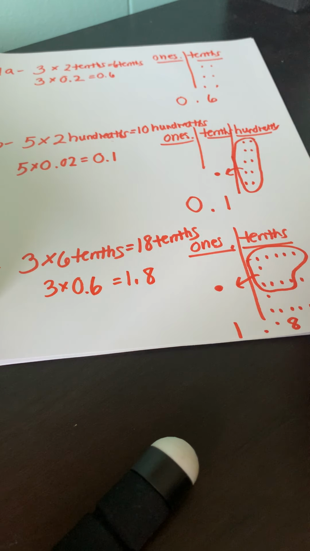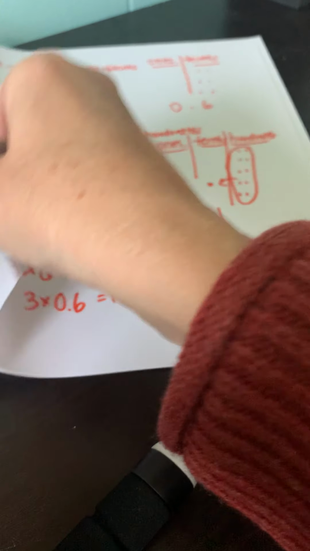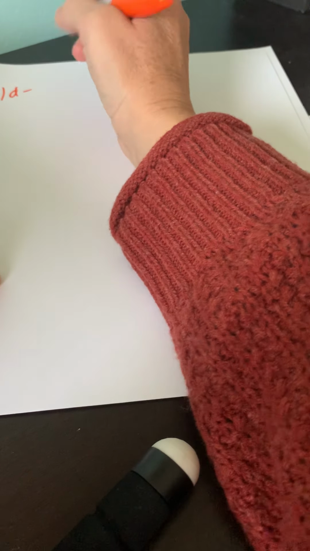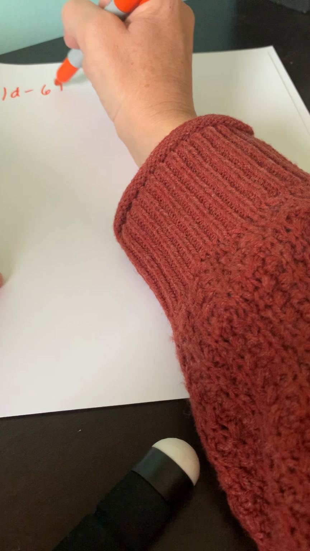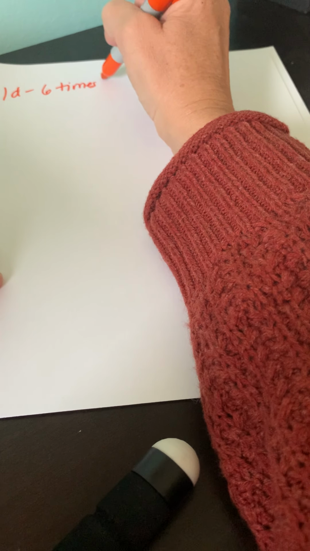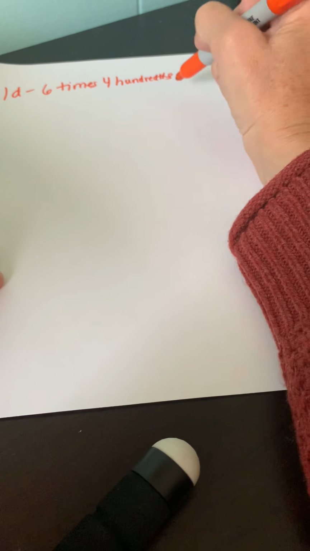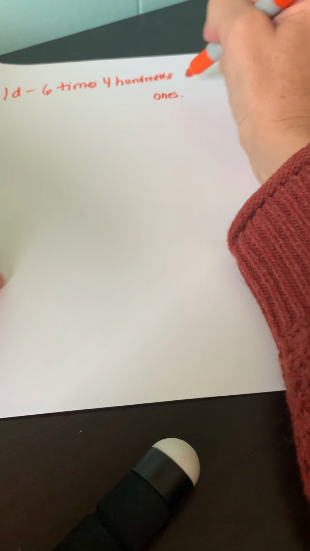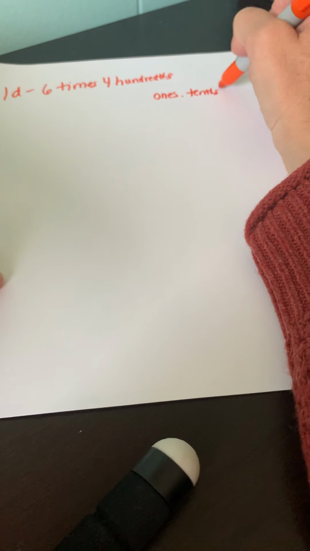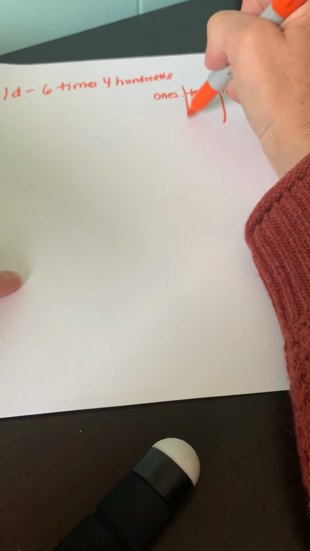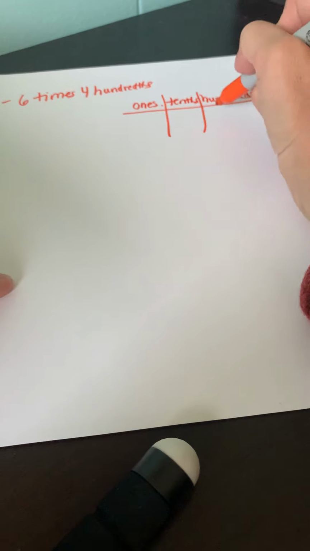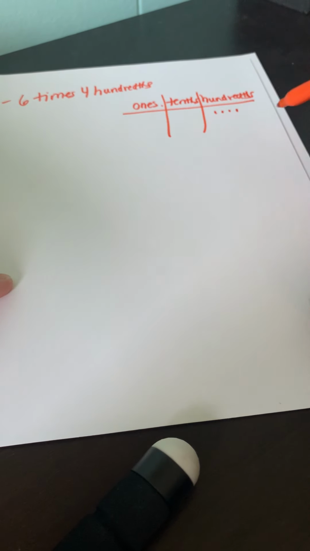All right, moving on. You guys also did 1D. 1D is 6 times 4 hundredths. Draw your place value chart. Ones, tenths, hundredths. For this one, we have 4 hundredths. 1, 2, 3, 4.